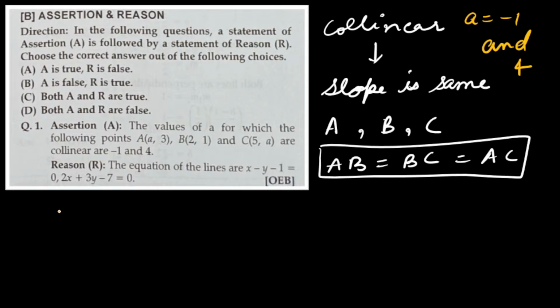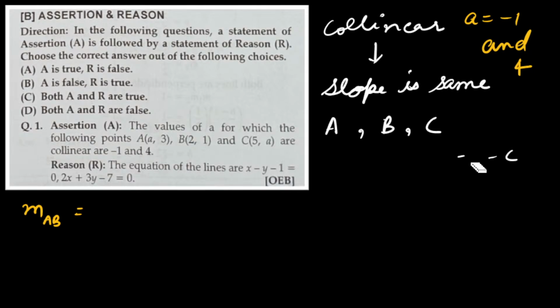Individually, let's find. So slope of AB: we will use the coordinates of A and B. A's coordinates are (a, 3) and coordinates of B are (2, 1).